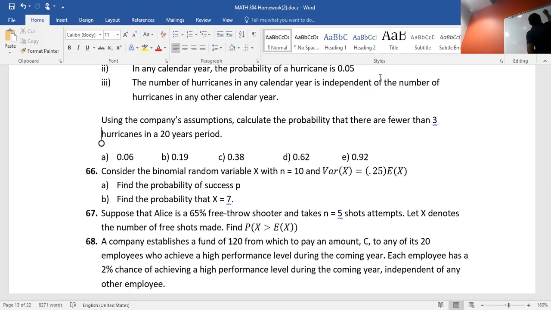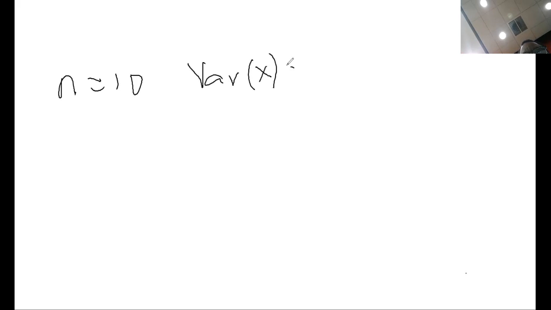N equals 10, the variance of x equals 0.25 times the expectation of x. So n equals 10. Variance of x is equal to 1 over 4 E of x.